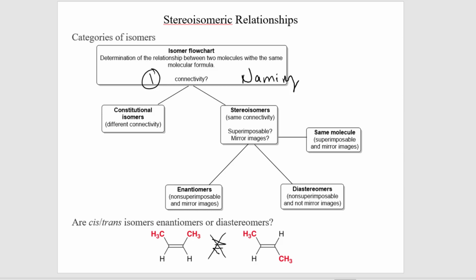You cannot rotate around a pi bond. They are set. A cis conformation, where the two groups are on the same side, versus a trans conformation, where the methyl groups in this case are on opposite sides. Those are set molecules. You can't convert them from one to another by twisting.